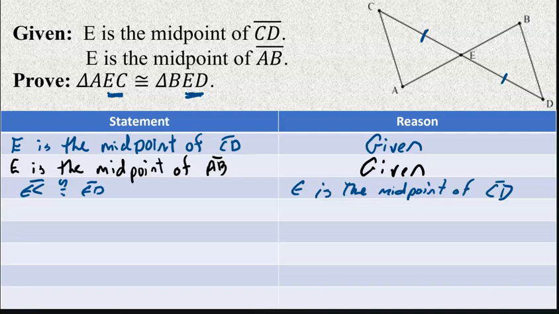Alright, so now let's take a look at the other midpoint. E is the midpoint of AB. So therefore, we also have AE and EB being congruent. So I'm going to fill this in. AE is congruent to BE as mentioned in the triangle.